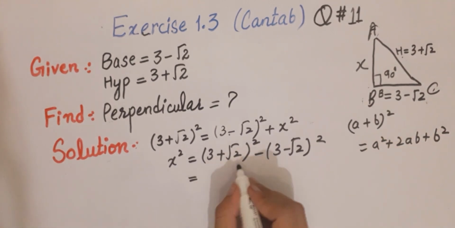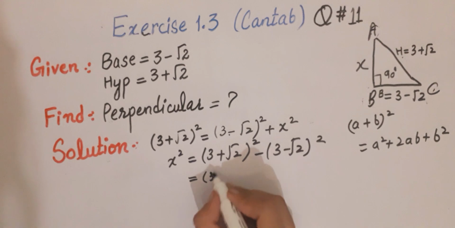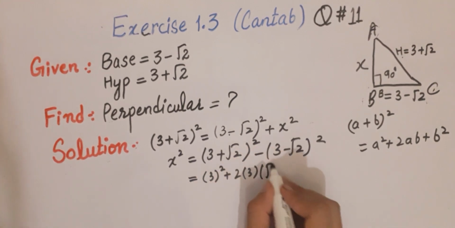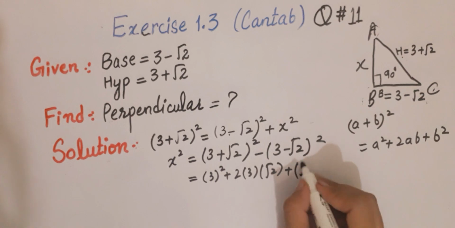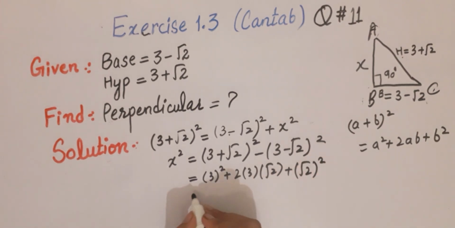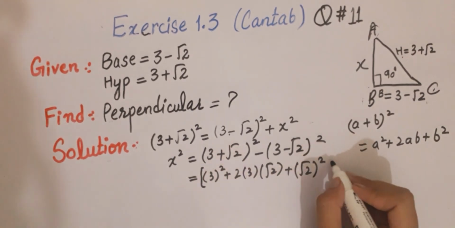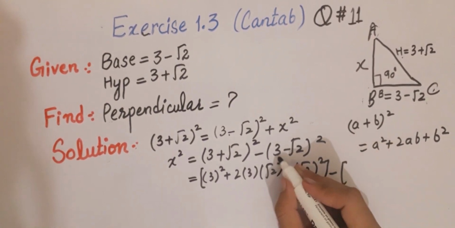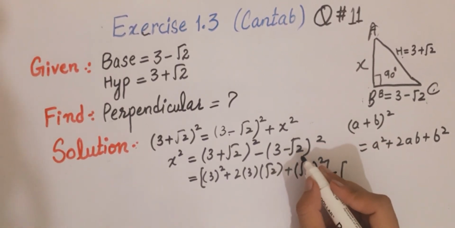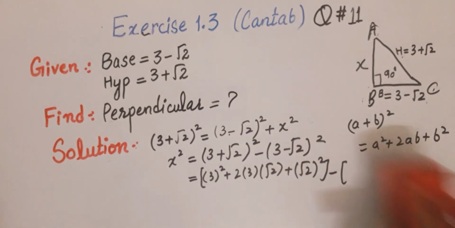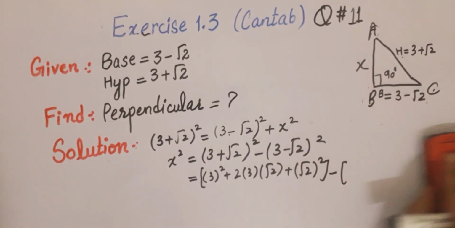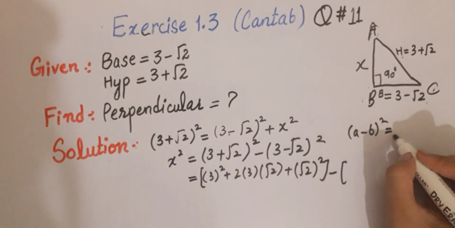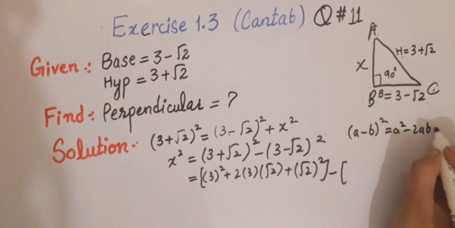So (3 plus square root of 2) whole square is equal to 3 square plus 2 into 3 into square root of 2 plus square root of 2 square. Now minus, here we apply a minus b whole square formula, which is equal to a square minus 2ab plus b square.